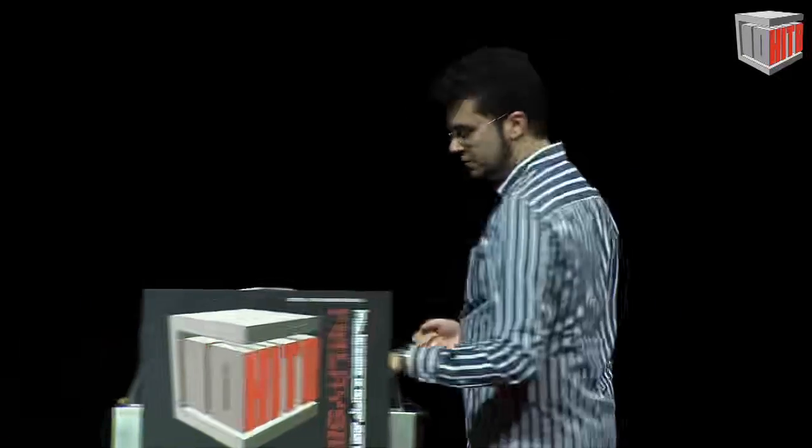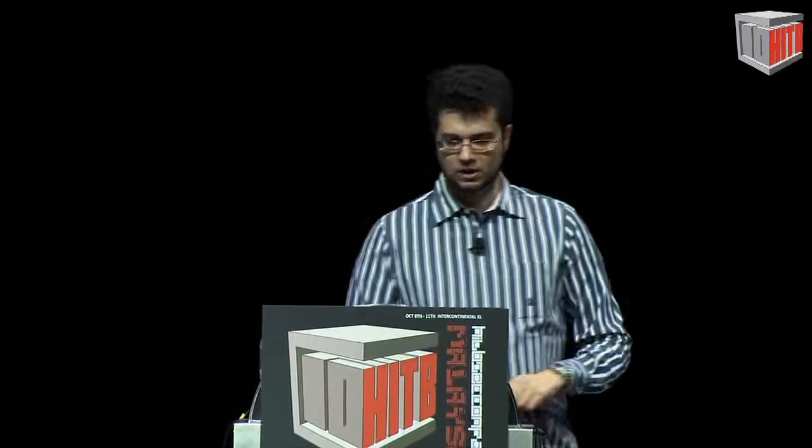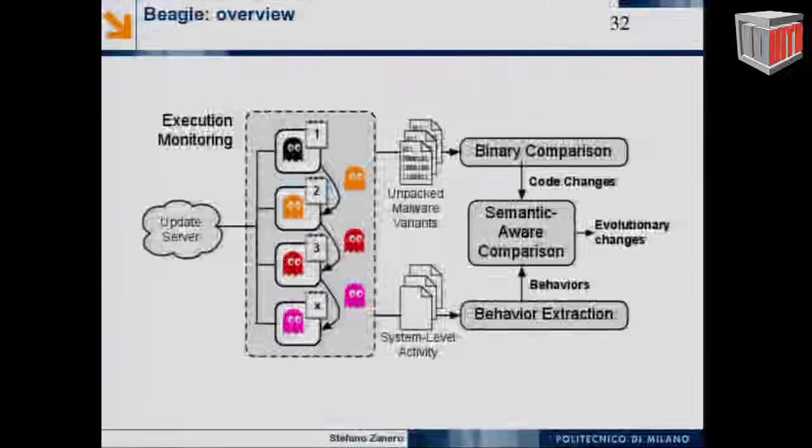The interesting part is how we actually analyze and semantically understand the difference between code. This is a schematic that represents what I already said. Basically, I have my sample. The sample connects to the update server, and over time, it changes in versions.